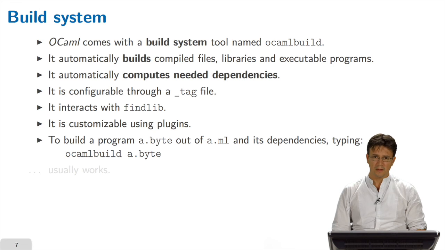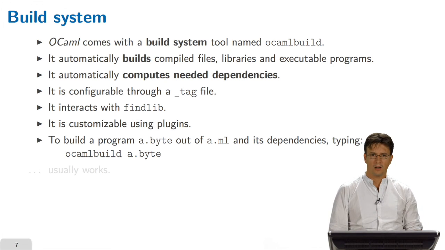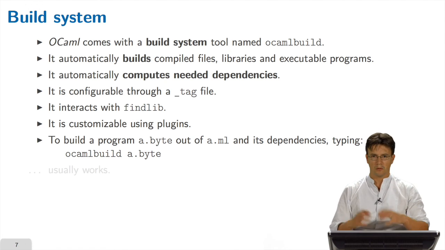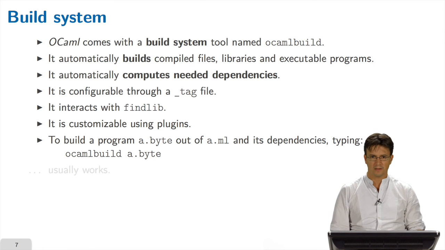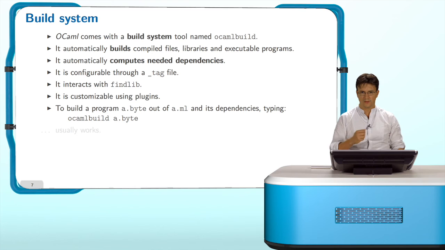But most of the time, when you have a simple program, like for instance just a bunch of ML files that you want to compile, and a module, for instance a.ml, that corresponds to what your program should do, then just by typing ocamlbuild a.byte will compile a.ml with all its dependencies and produce an executable program.